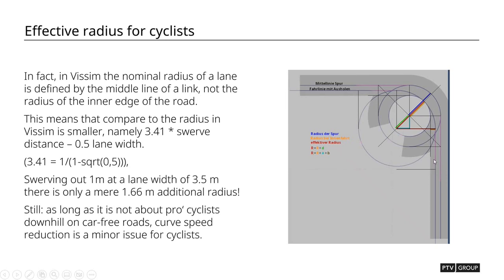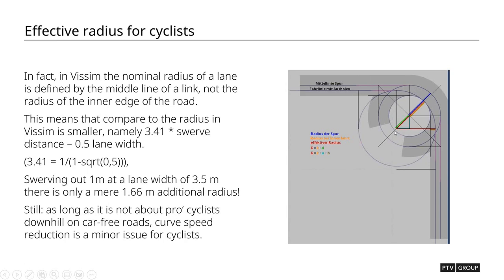So we use a larger radius value, which implicitly already assumes, if you want, that the cyclist is swaying a little bit. But still, if we assume in a 90-degree curve that the cyclist is swaying by 1 meter, then the radius would have to be increased by a small amount compared to the radius of the middle line.